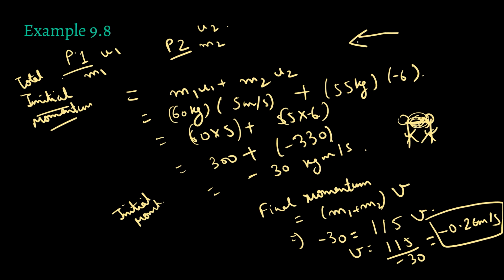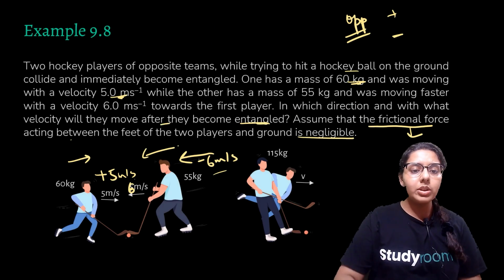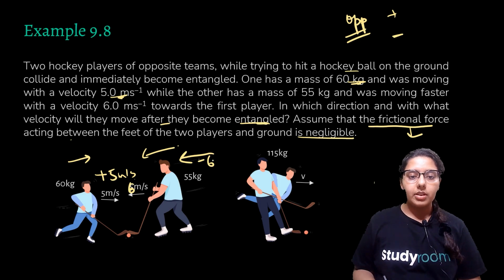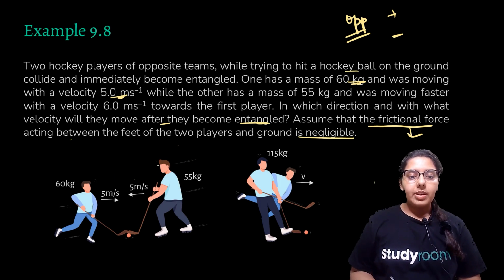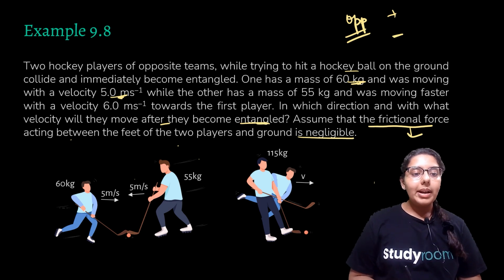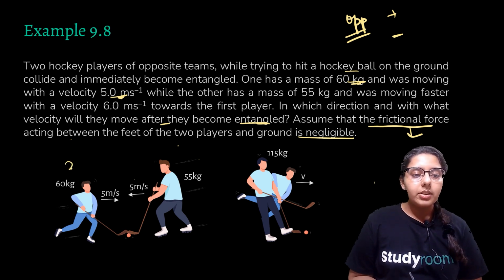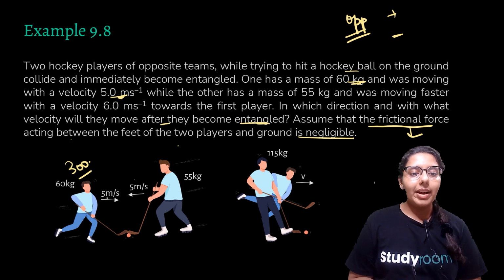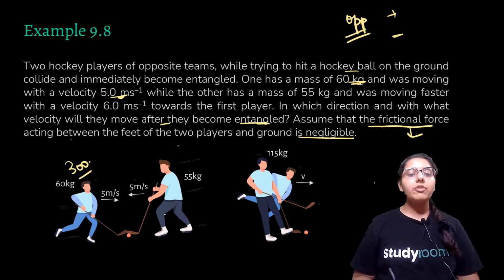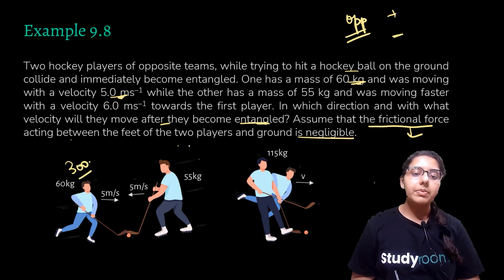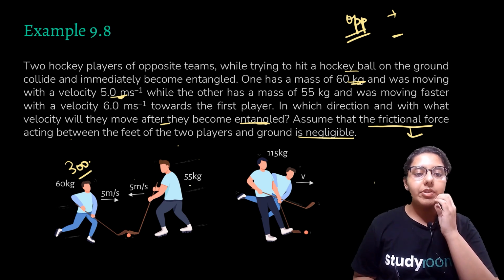And this is very logical. I'll show you how. So your initial momentum for player 1 was how much? 300, 60 into 5, right? And your initial momentum for player 2 was how much?